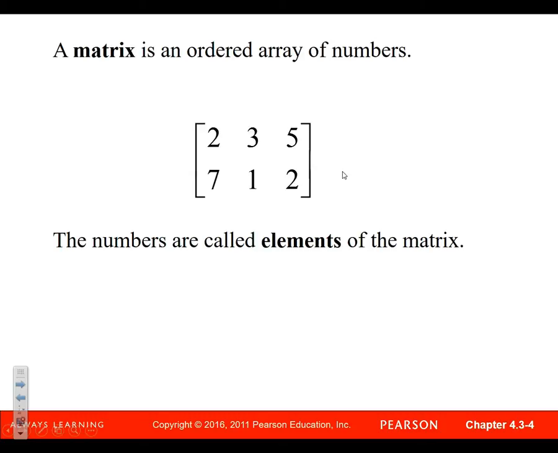So if I'm talking about the element number 1, we would refer to that as R2C2. Row 2, column 2. When you look at row 2, column 2, you'll see that 1 is what we're referring to. So they all have their own unique way of identifying each.